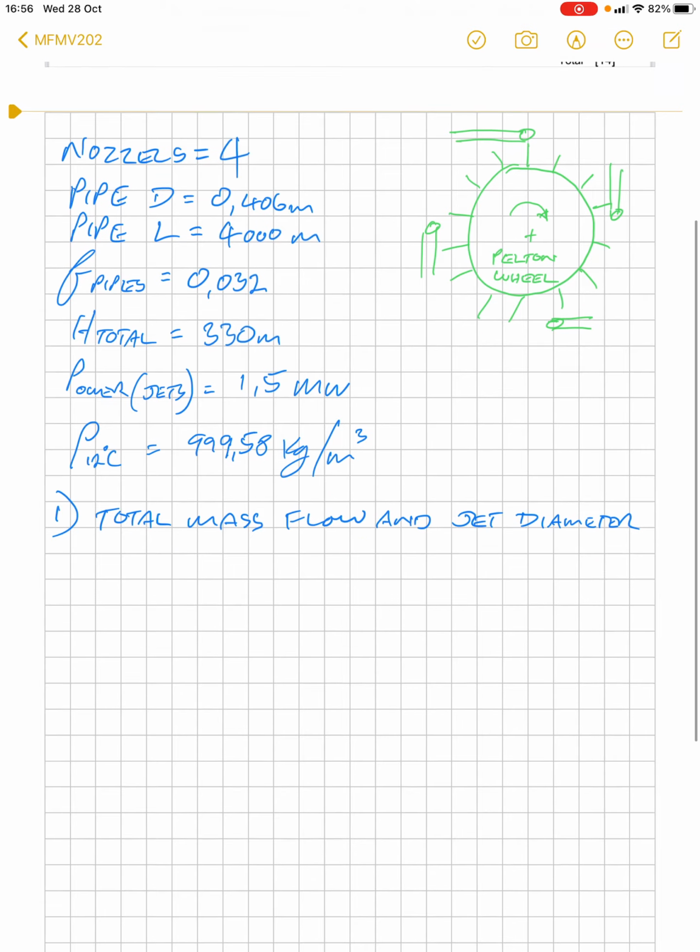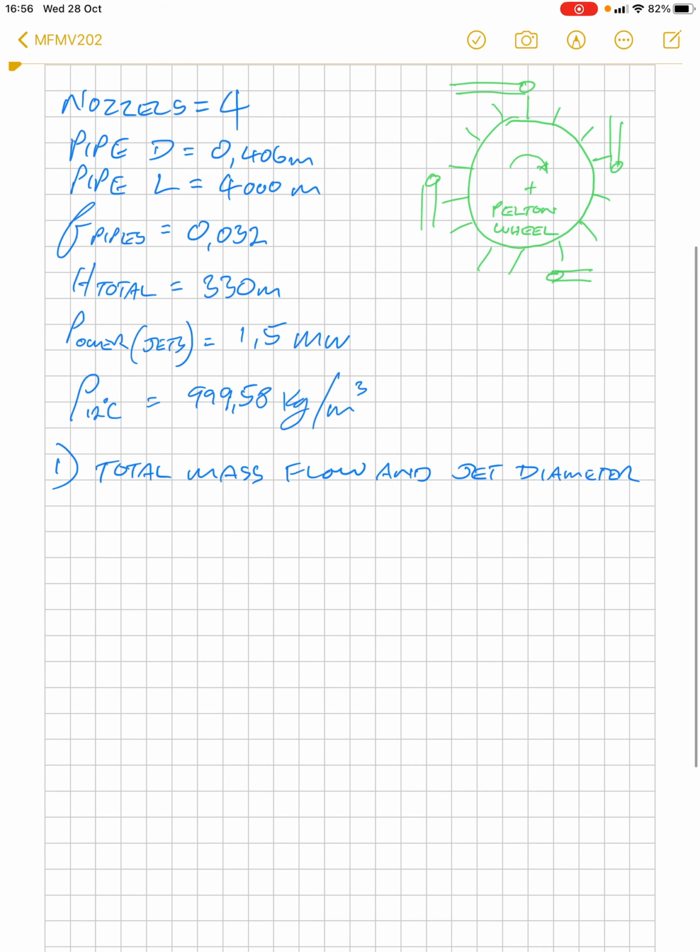Alright, so I have written the information down: 4 nozzles, pipe diameter, the length, friction factor, total head, 330 meters, power of the jets, and also looked up density of water at 12 degrees C is 999.58 kilograms per cubic meter.